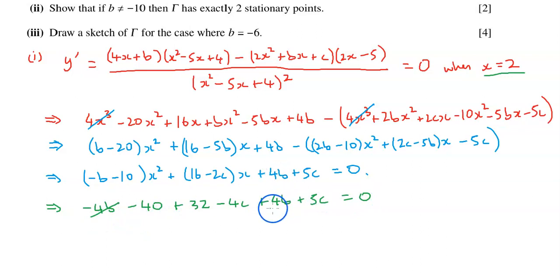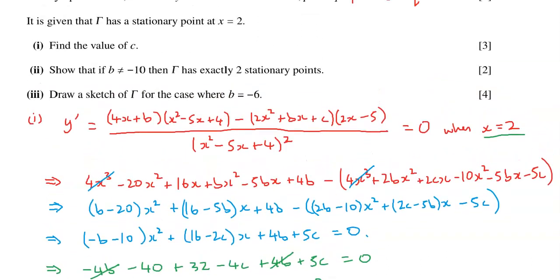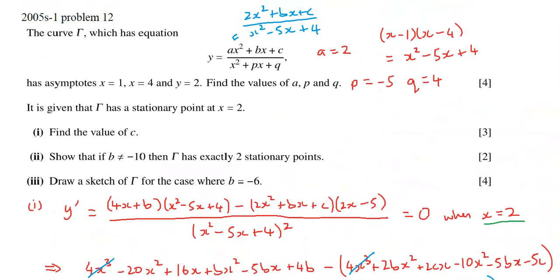And we see the b's cancel out as they should. And then simplifying it down, we get negative 8 plus c equals 0. And so that tells us that c is equal to 8. Okay, so that takes care of part I.